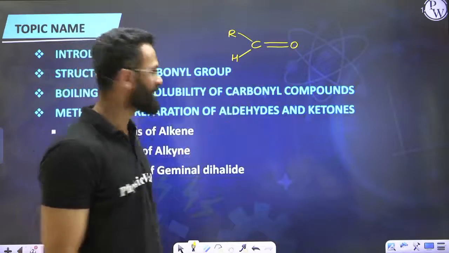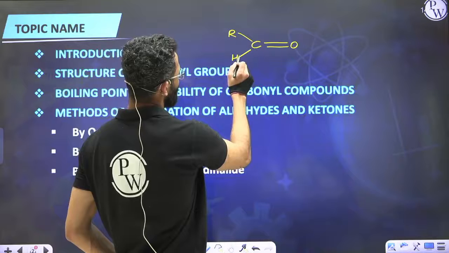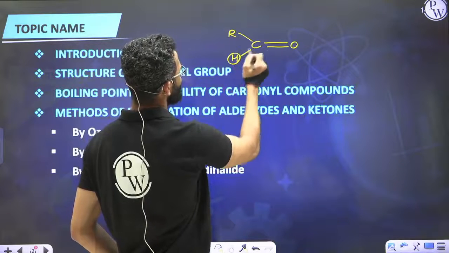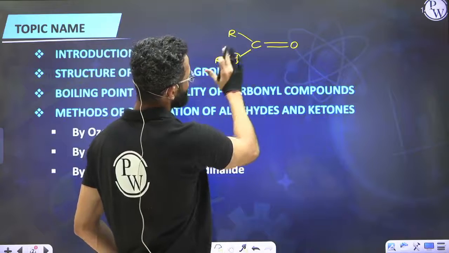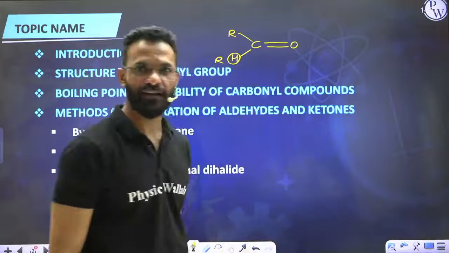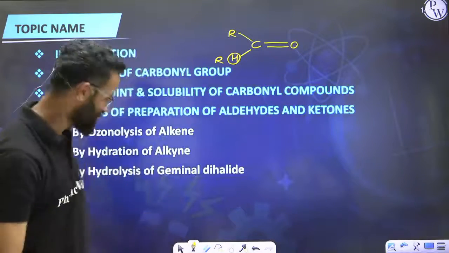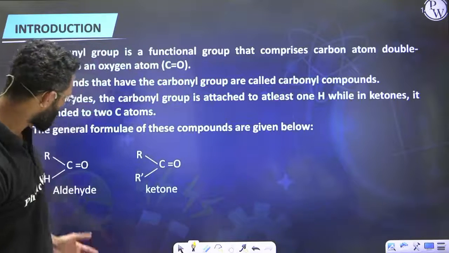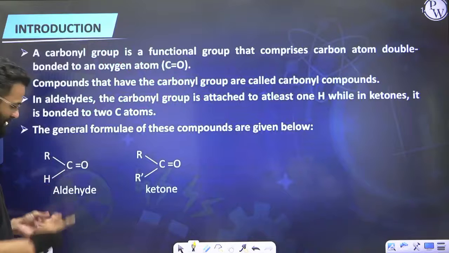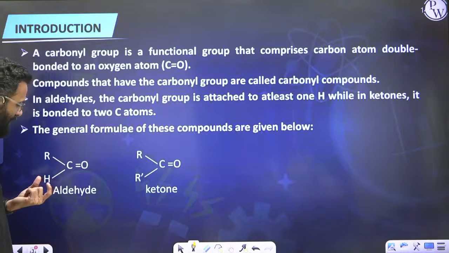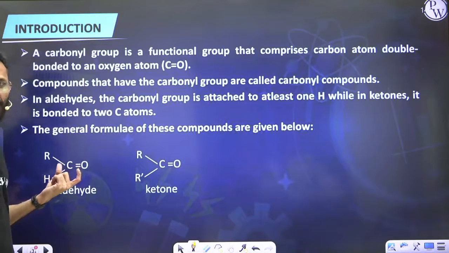On the other hand, if I fulfill both the valencies of the carbonyl carbon atom either by alkyl or aryl group, then such a compound will be referred to as a ketone. Hence, structurally you find aldehydes are represented as R-C double bond O-H. So at least one hydrogen atom has to be attached to the carbonyl carbon atom.